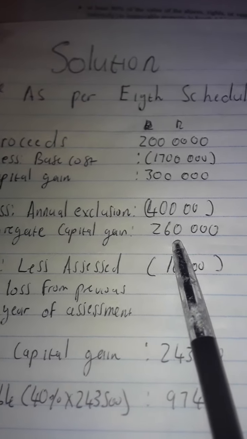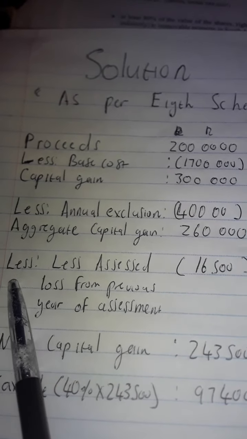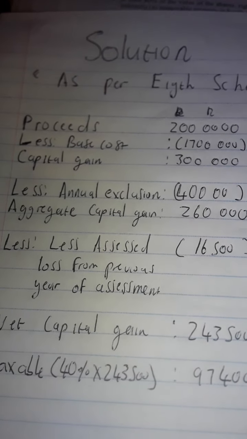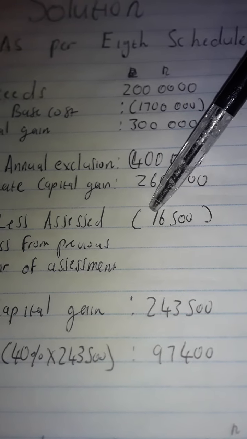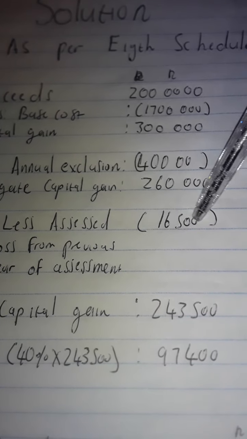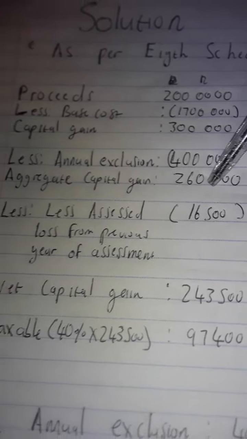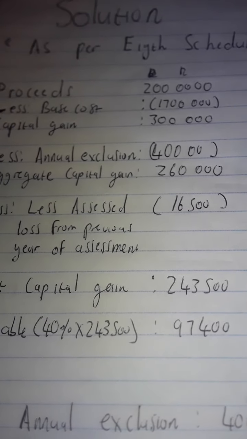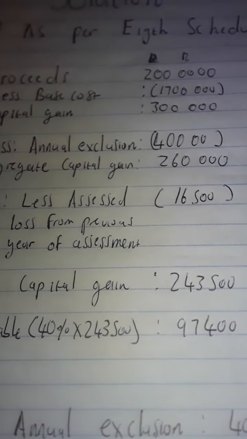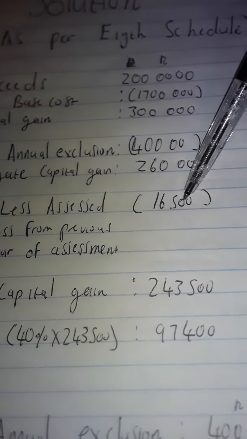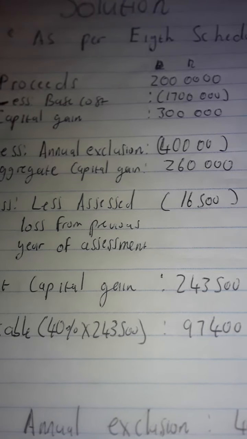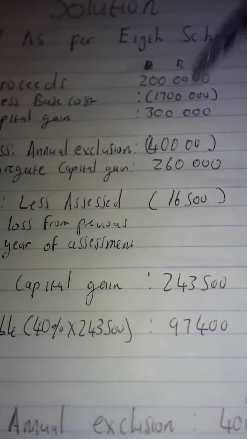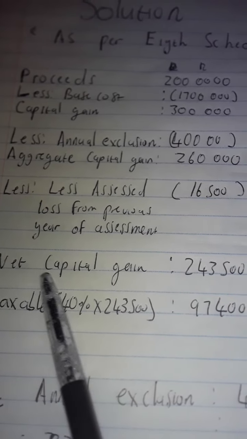260,000, right? You less this amount by any loss that has been brought forward from the previous year of assessment. In this case, we had a previous loss of 16,500. So we are going to use it to reduce our aggregate capital gain. If there is a loss in the previous year of assessment, we can use that to offset the current capital gain. This means you're going to pay less tax on your capital gain. Now, this will give us your net capital gain.